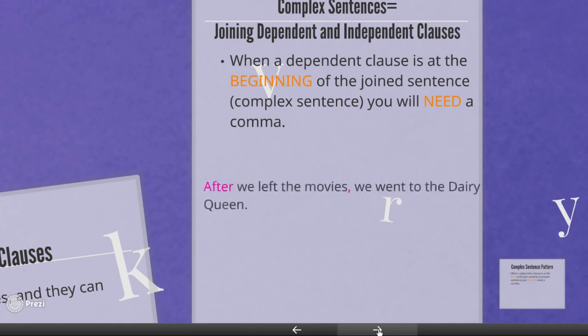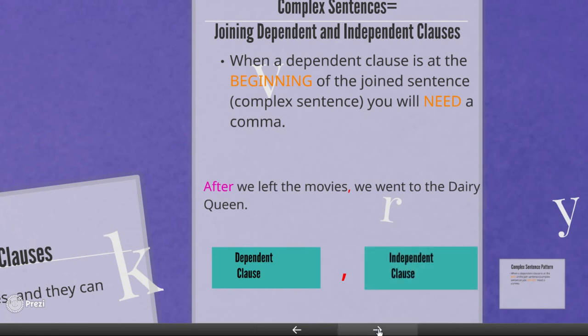For example, after we left the movies, comma, we went to the Dairy Queen. After we left the movies is a dependent clause, and it's located at the beginning of our complex sentence. So we do need a comma to join our dependent clause with our independent clause, we went to the Dairy Queen.